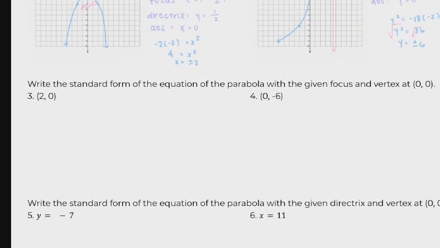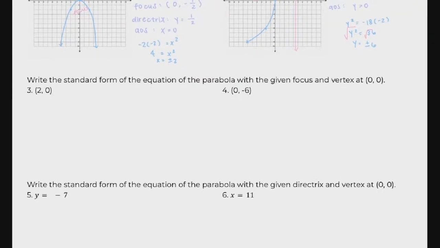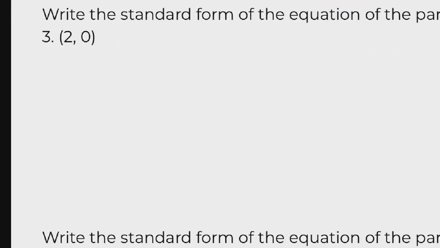Okay, next we want to write the standard form of the equation of the parabola with the given focus and vertex at 0, 0. So, since we have a number in the x coordinate, that means it's opening left or right. And since it's positive, that means it's going to open to the right. And that also means we're going to have y squared.